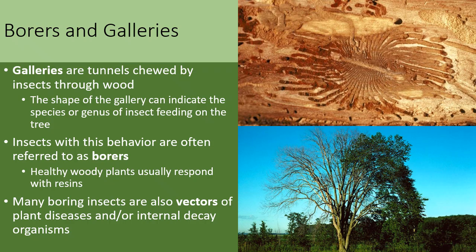So they're carrying fungal spores on the bodies of the adults. The adults chew into a tree, they eat around in the phloem, and then they start laying eggs throughout the tunnels that they form. And then the larvae feed on the fungus that is introduced into the tree by their parents. That obviously causes internal decay.